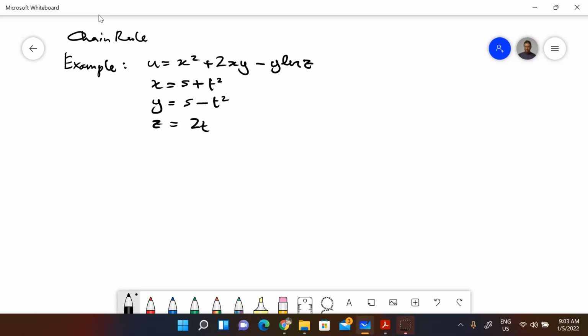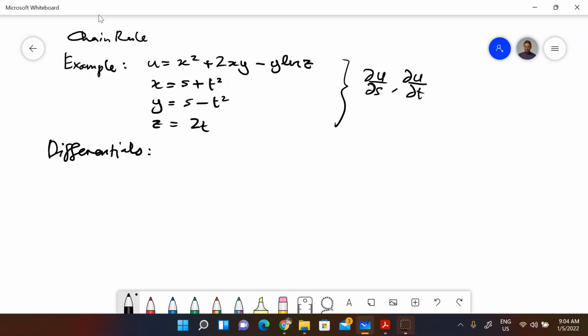So you are given all these things, and then you are asked to find the partial u, partial s and the partial u, partial t. And when I say the, I mean the partial. So what was done is to look at differentials of each of these equations.